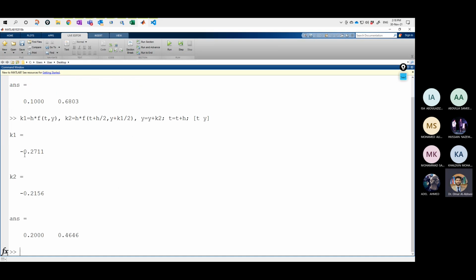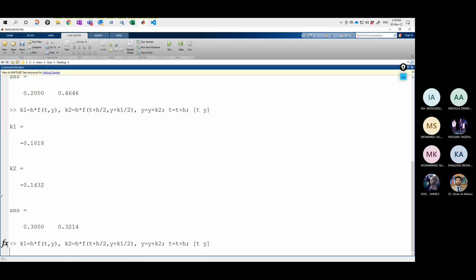Okay, so that is the solution at this time step, that is K1 and K2. This manual approach is not recommended. It's just to see what's happening and how to advance the solution.